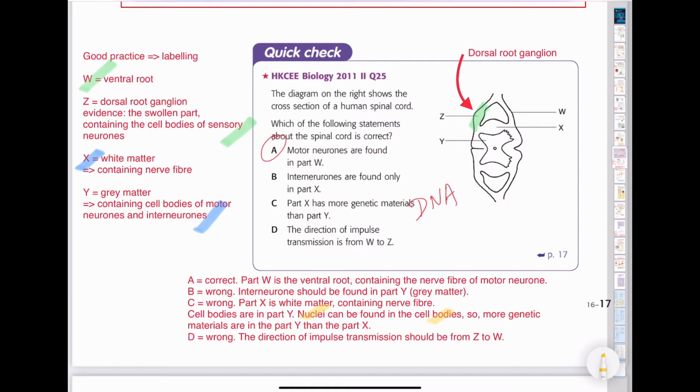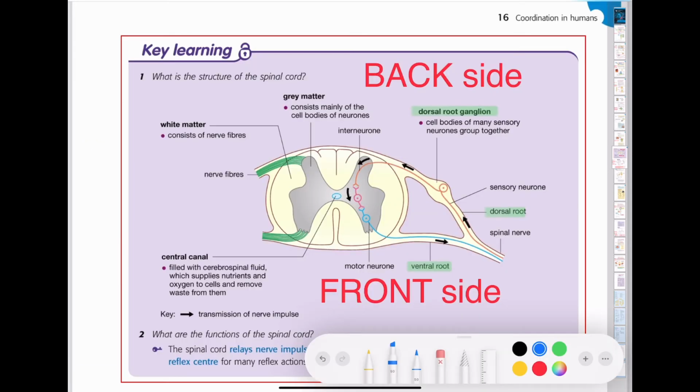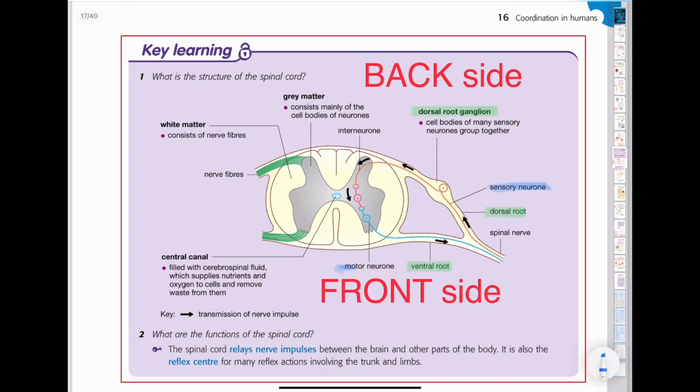And answer D, the direction of impulse transmission is from W to Z, actually is also wrong. Why do we need to label dorsal root and ventral root? When we take a look at the diagram of the spinal cord, we can see that the dorsal root contains the sensory neuron, and the ventral root contains the motor neuron.